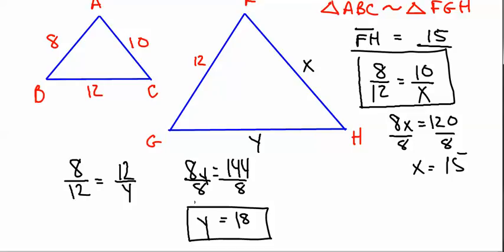Turn the page. Look at page 144. Problem number 2. The sun's rays strike the building and the girl at the same angle, forming two similar triangles. How tall is the building? How are you going to set that ratio up? Who wants to volunteer?